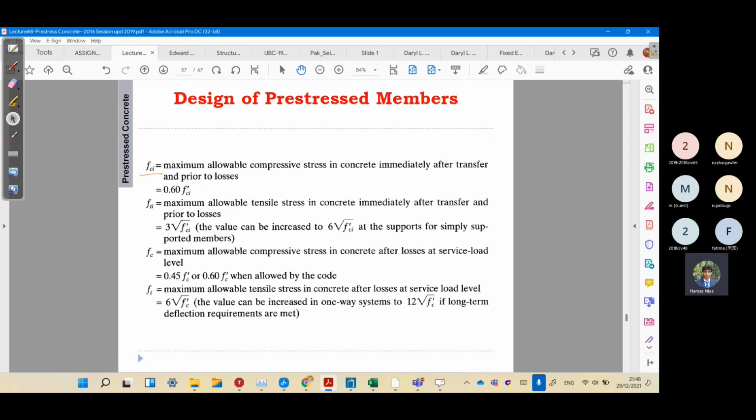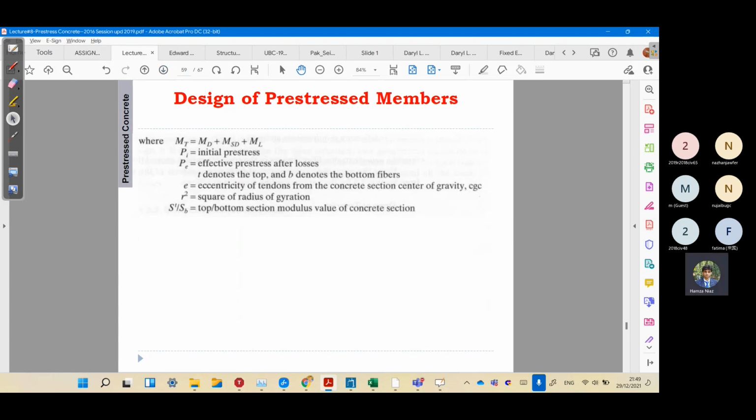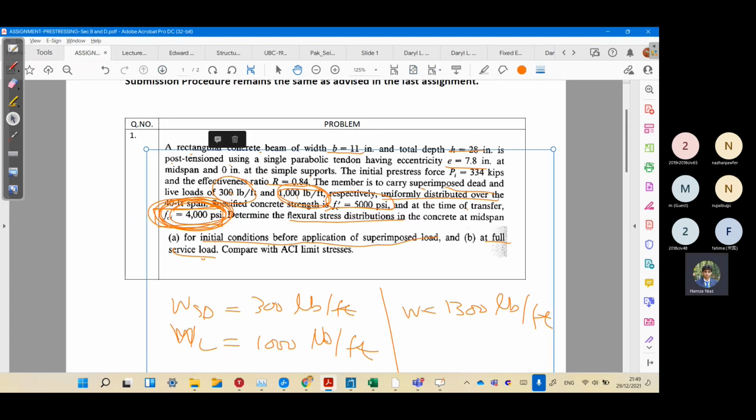FCI is the maximum allowable compressive stress immediately after transfer and before losses. So it is 0.6 times, and FTI is 3 root FCI. Similarly, FC is 0.45 and FT is 6 root FC. So our stresses should not be more than these values. This is the complete numerical.